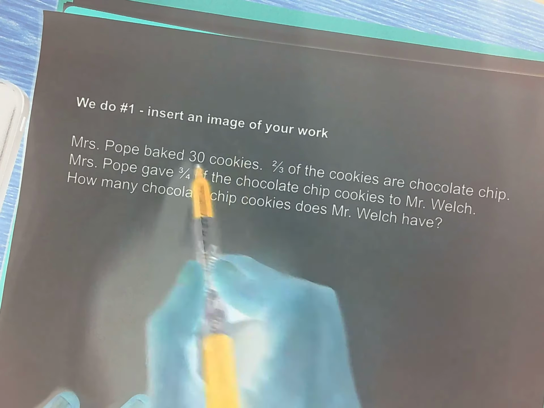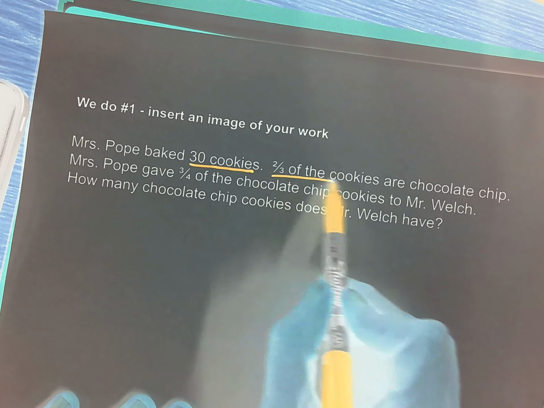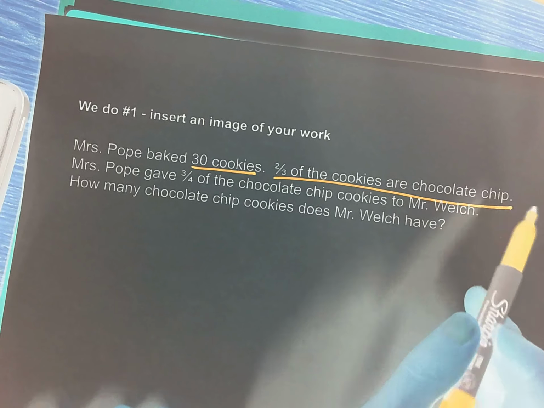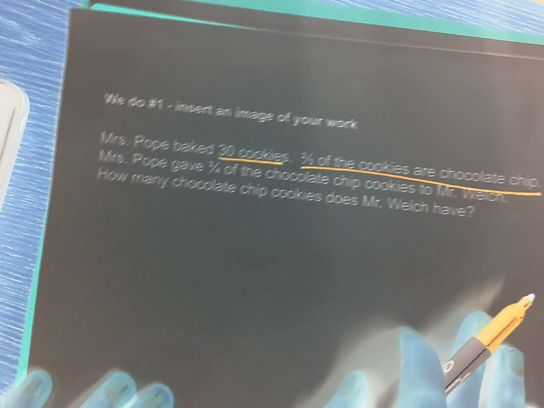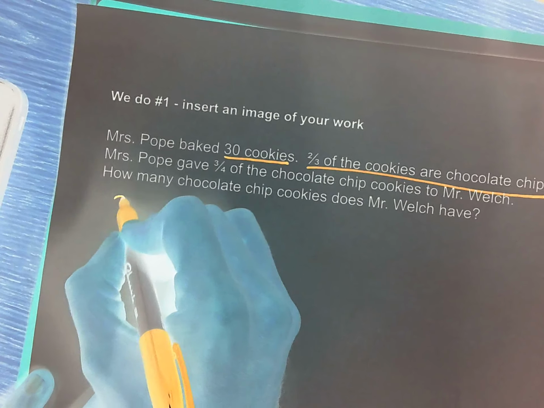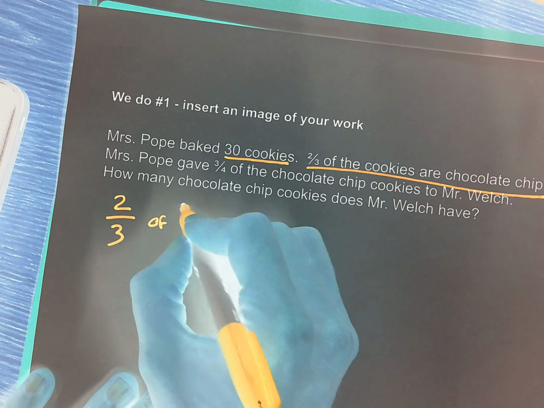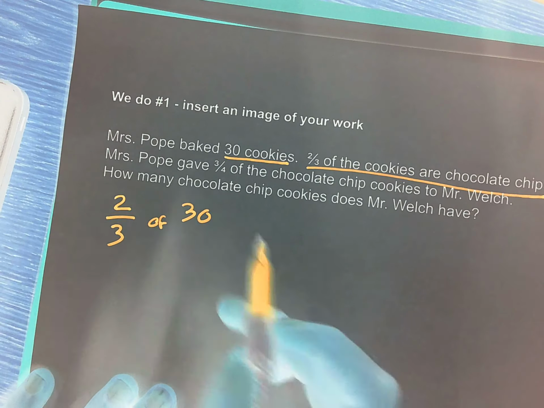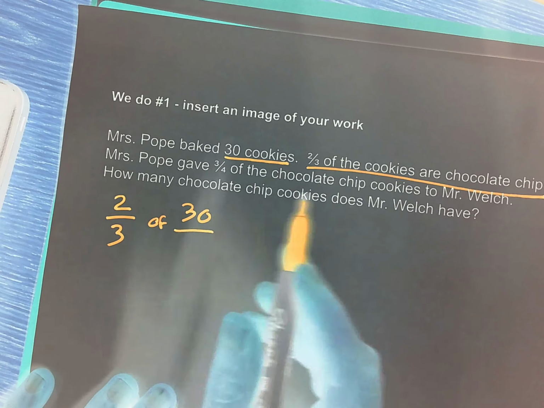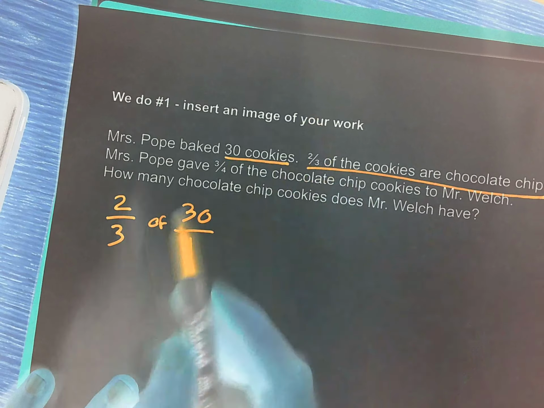The first thing I'm going to need to do is to just find out how many chocolate chip cookies there are. I know there are 30 total cookies, and 2/3 of them are chocolate chip. So I need to find what is 2/3 of 30, just like we did in our sprint. I'm going to put 30 over 1 and multiply across.